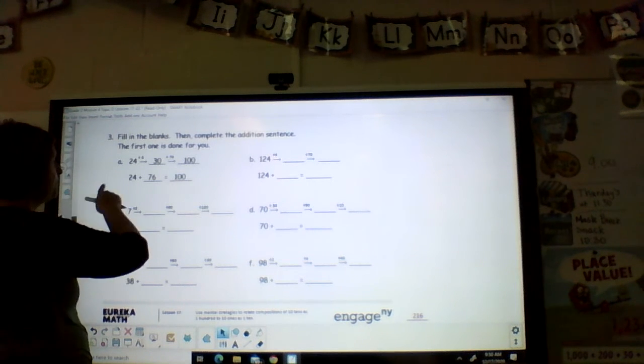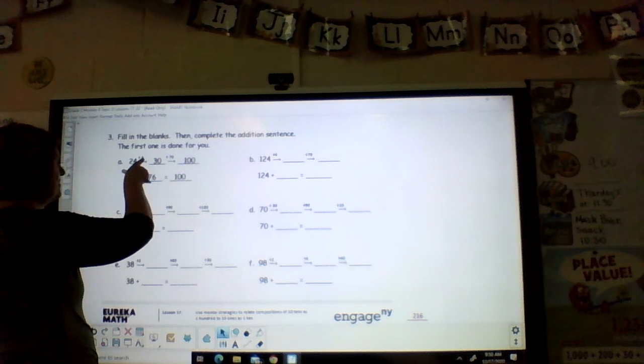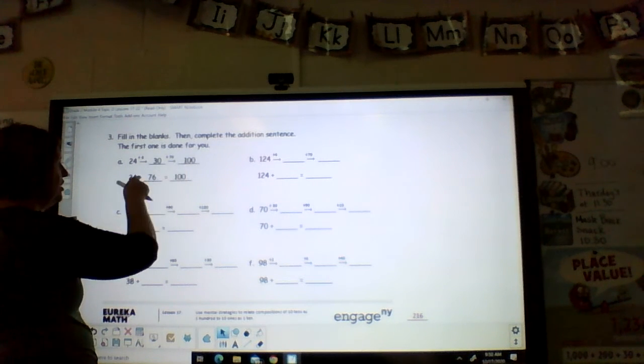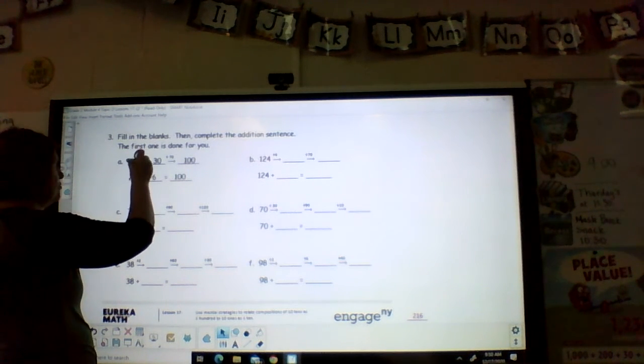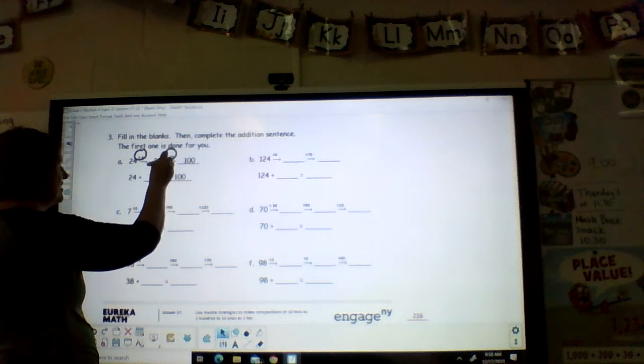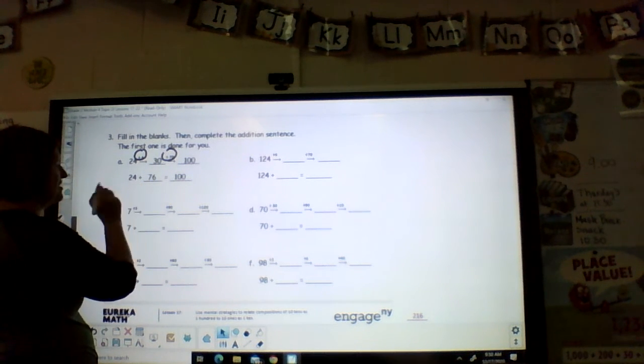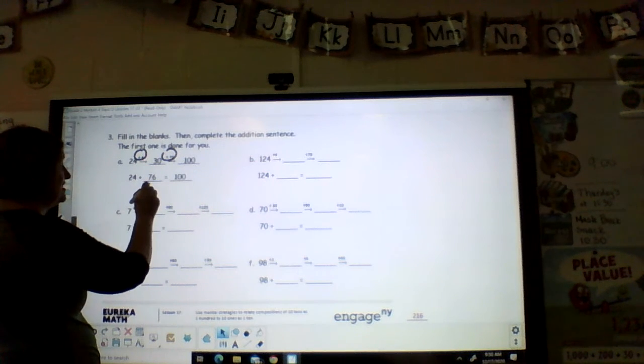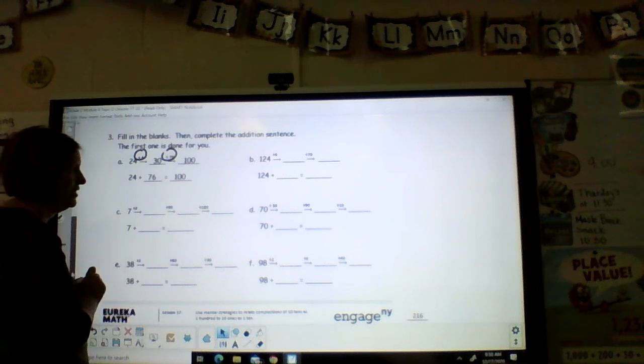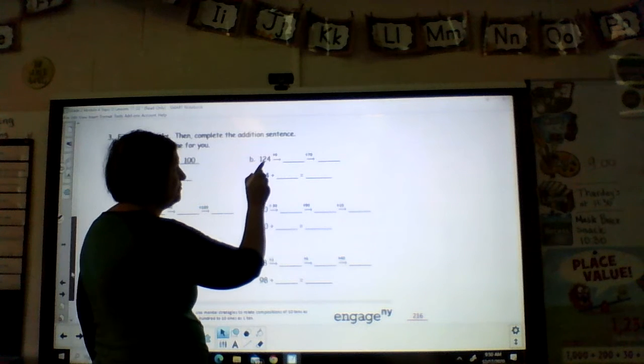So we've got 24 plus 6 is 30. 30 plus 70 is 100. So then what they did was they took the two numbers that they added, 6 plus 70, they added those together to get 24 plus 76 is 100. So let's look at this one. It says 124 plus 6.